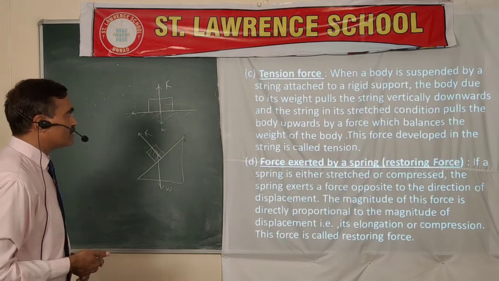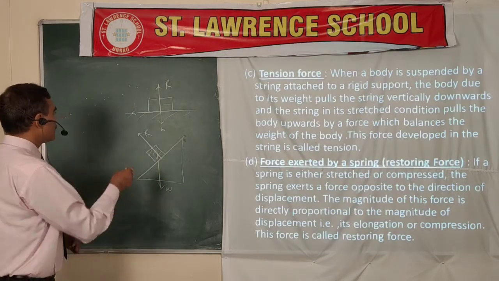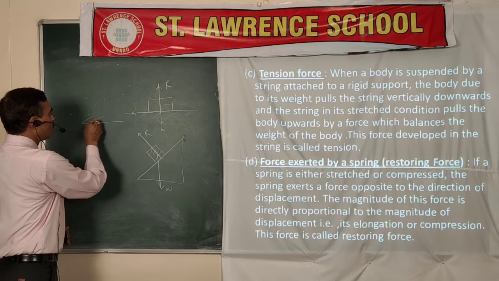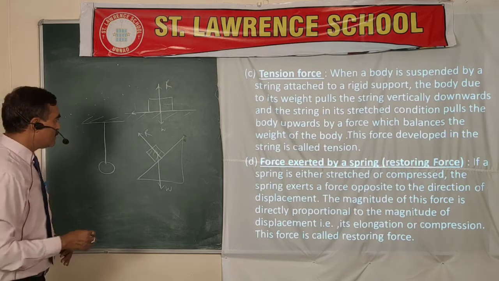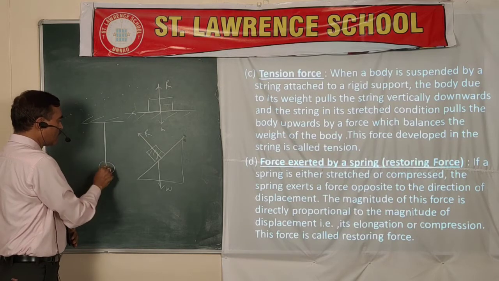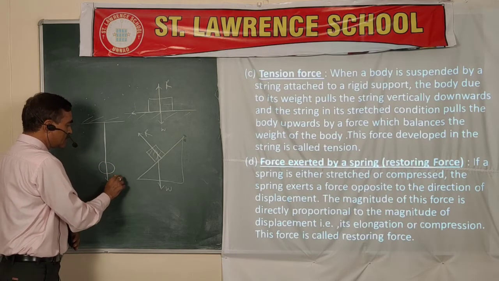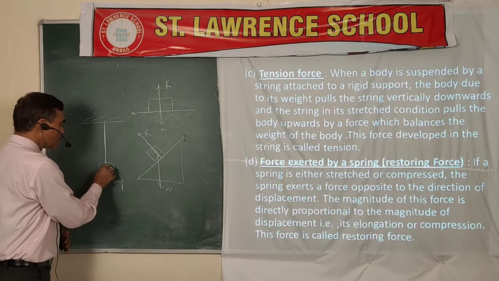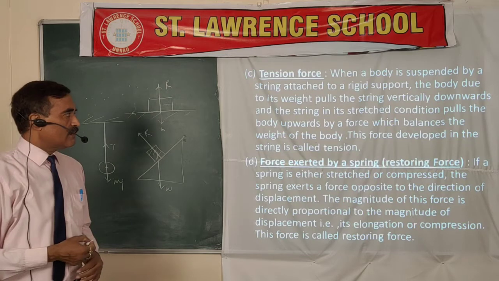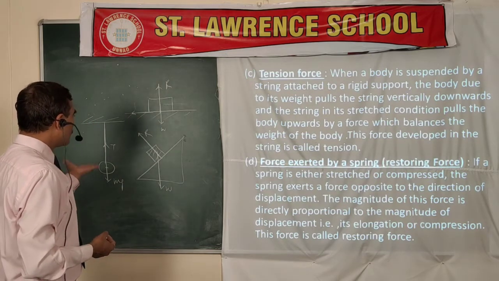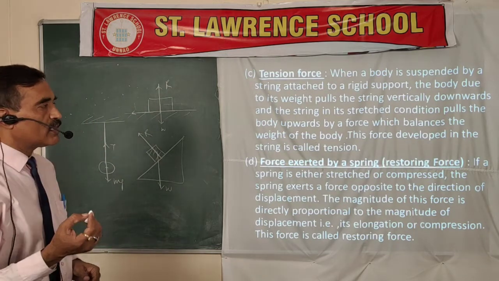Now after that, tension. Tension is the next contact force. If the body is suspended from a rigid support by a thread, then the weight of the body again acts in the downward direction, and this weight of the body is balanced by the tension in the thread, which always acts upward or towards the point of contact.